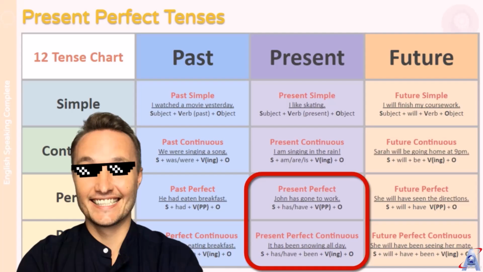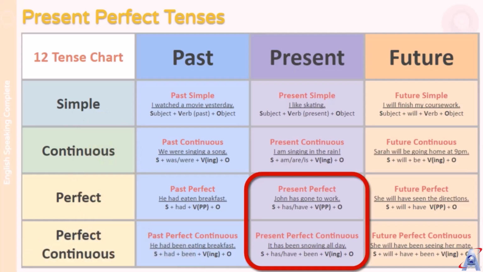You might be thinking, oh no, I've heard the perfect tenses are difficult. Well, in actual fact, they are slightly more advanced in terms of using them accurately. However, it's good that we begin learning them now and start practicing now.